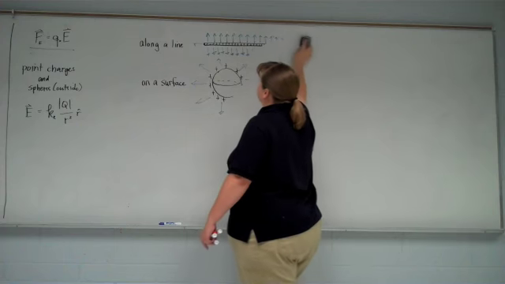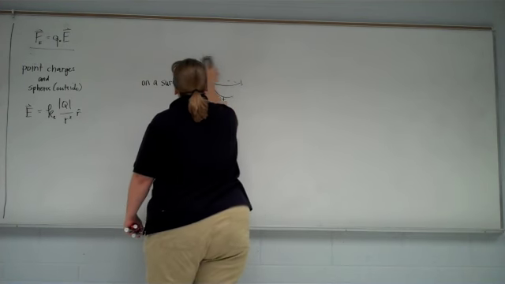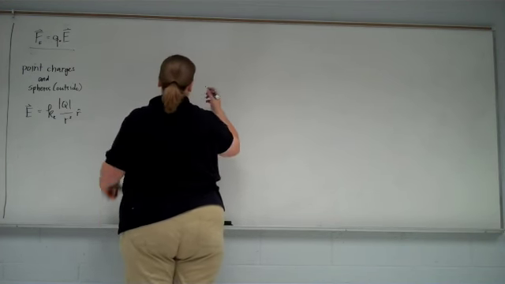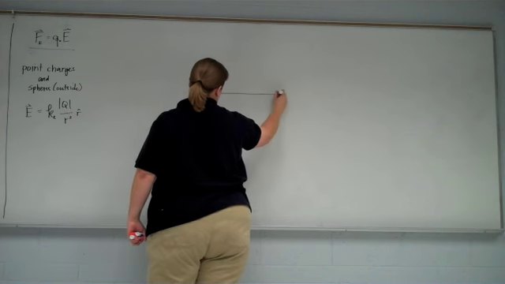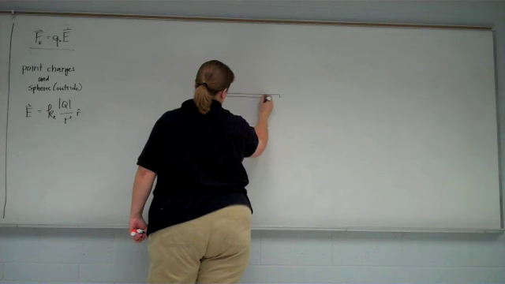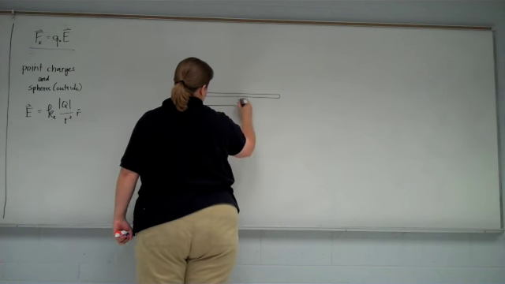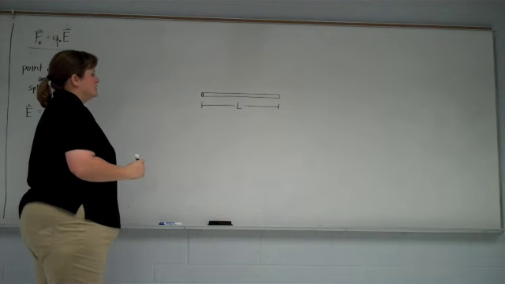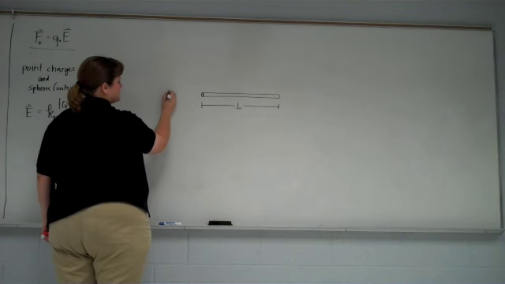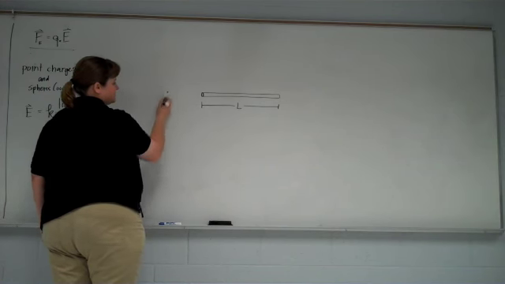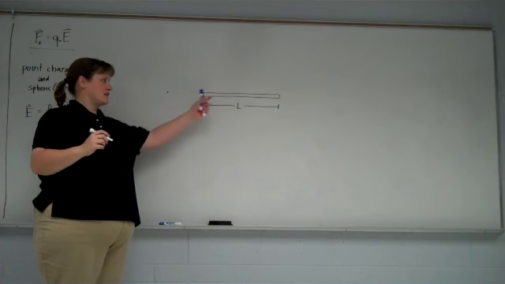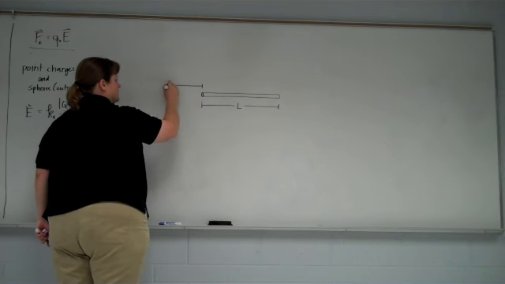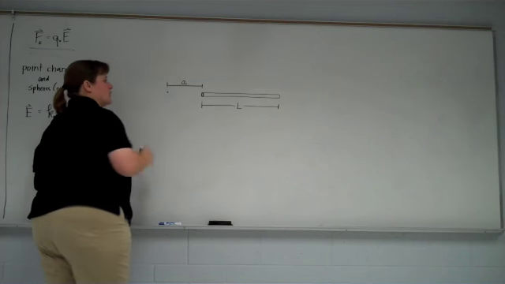This thin rod, a line of charge. Let's say our rod has a total length L. And let's say we want to find the electric field at a point right here along the line of the rod, some distance A away from it.